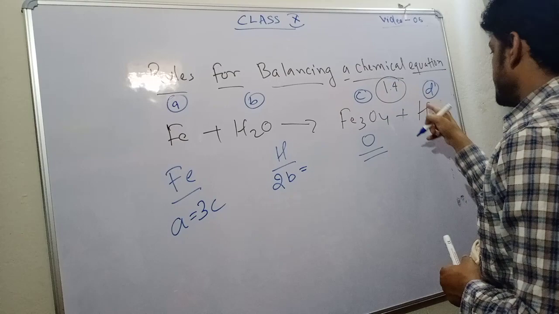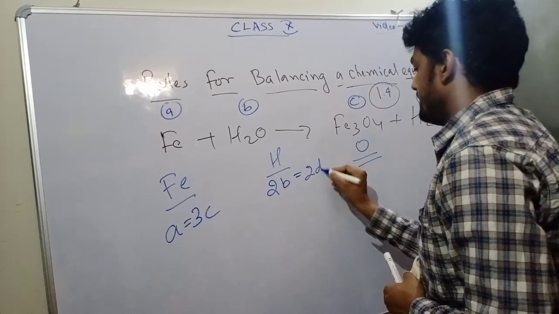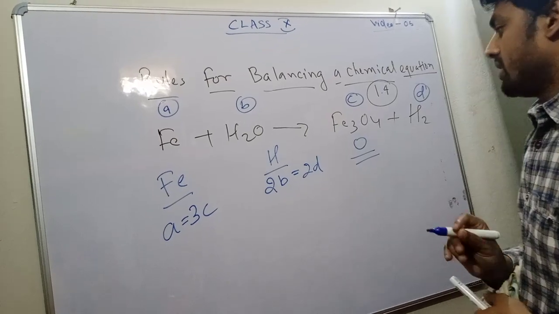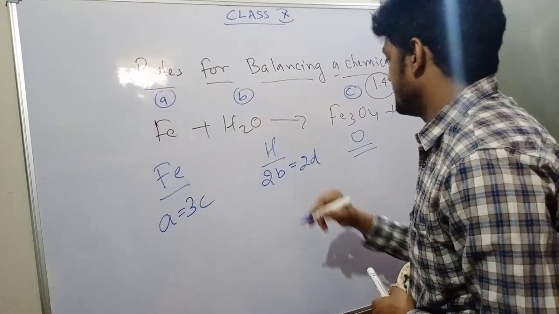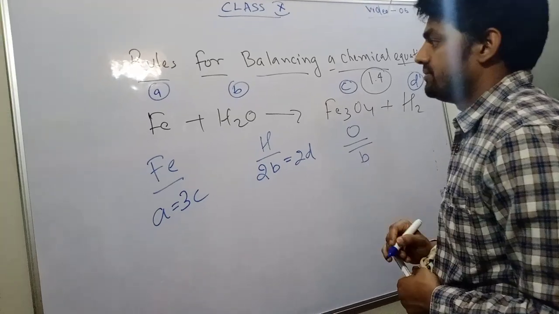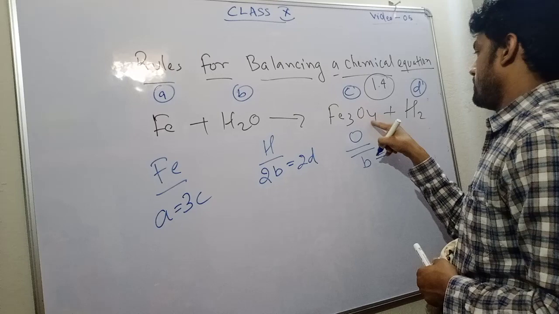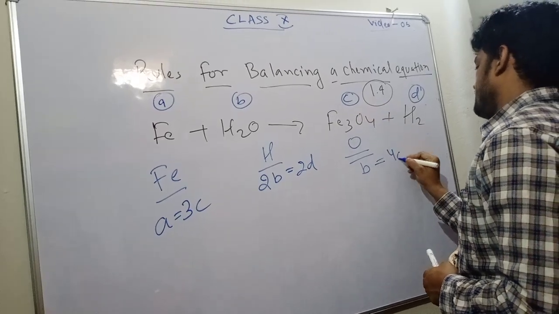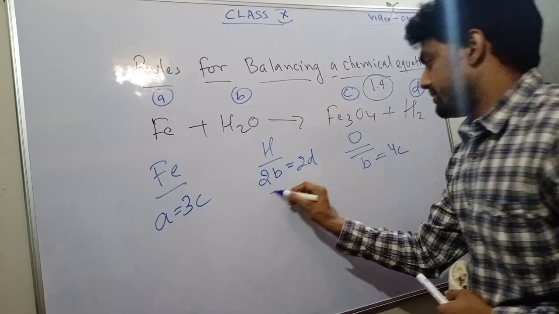Number of hydrogen on this side is 2, and the title is D. Now the number of oxygen on the reactant side is B, and here 4, the title is C, 4C. These are the equations.